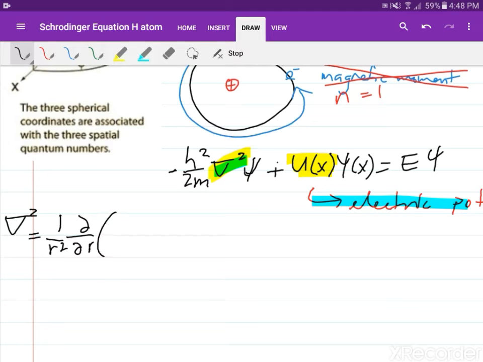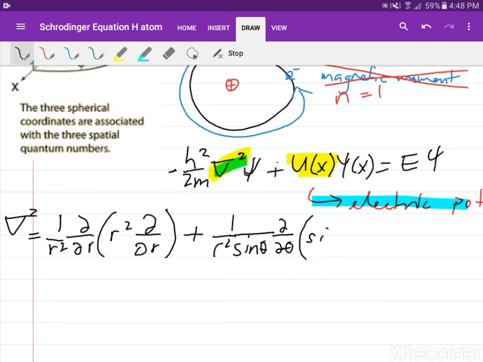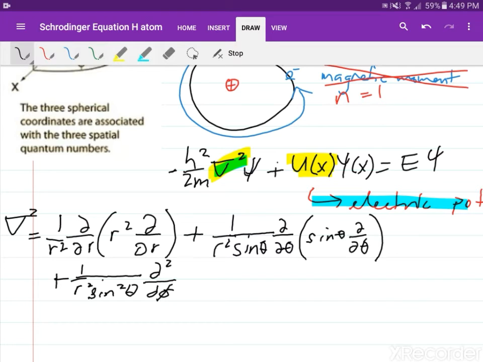partial derivative of r squared, and another partial derivative, plus 1 over r squared sine of theta, sine theta, and the last term is 1 over r squared sine squared theta, second derivative with respect to phi.